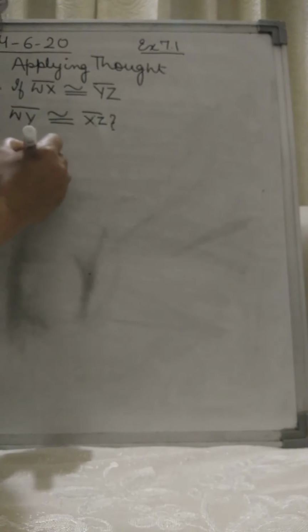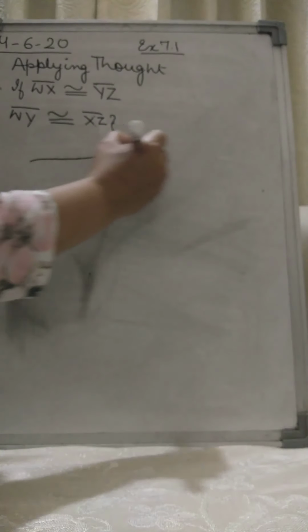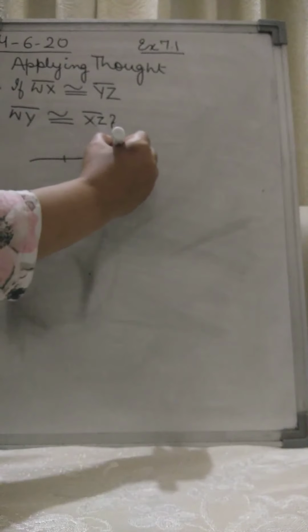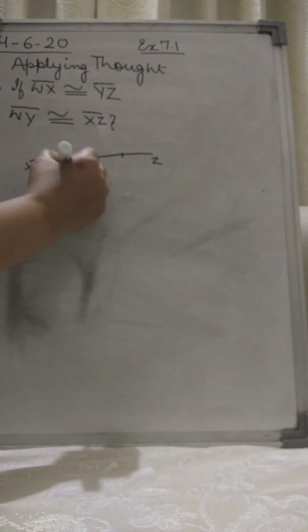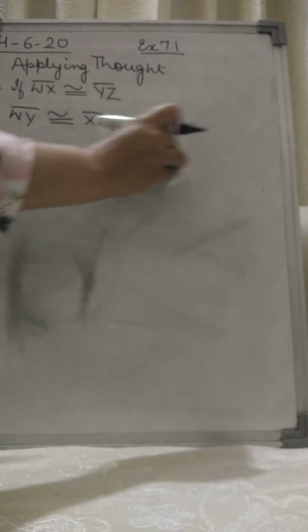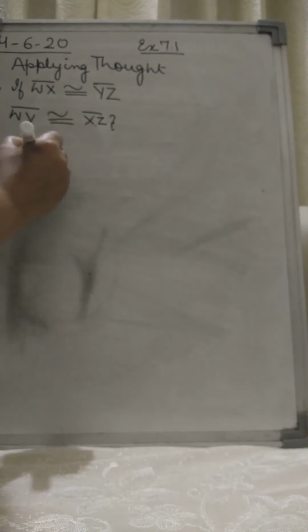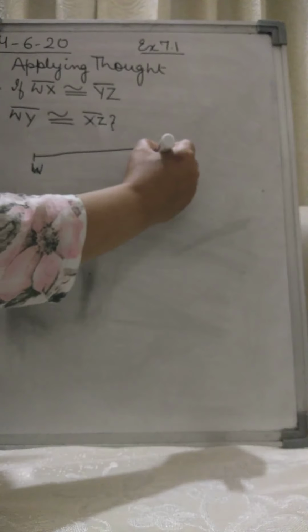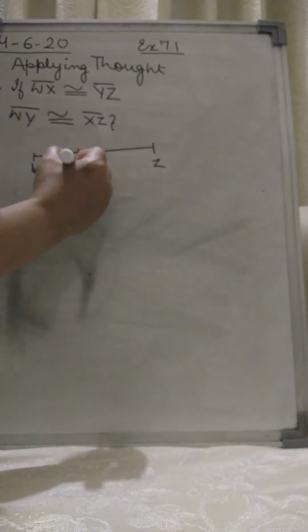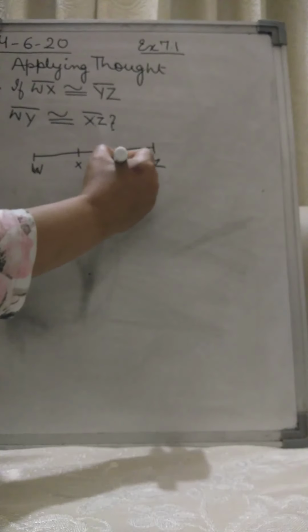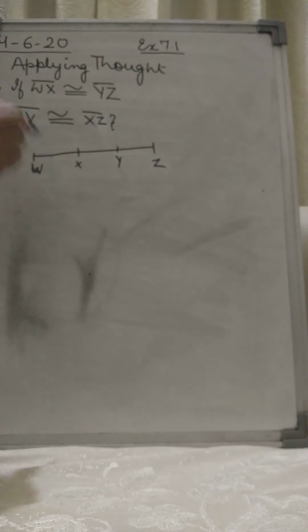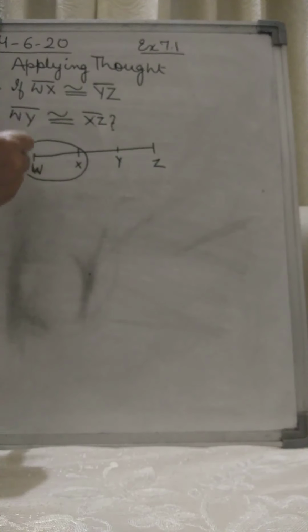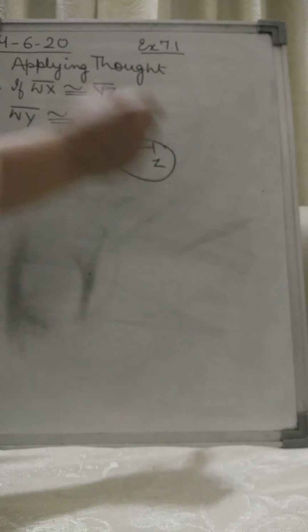Now here, if you see in the figure, sorry, this is not XZ, the line segment, this is W, and this is Z, and till here it is X, and here it is Y. Now if you see the figure carefully, this WX and YZ, they are congruent.